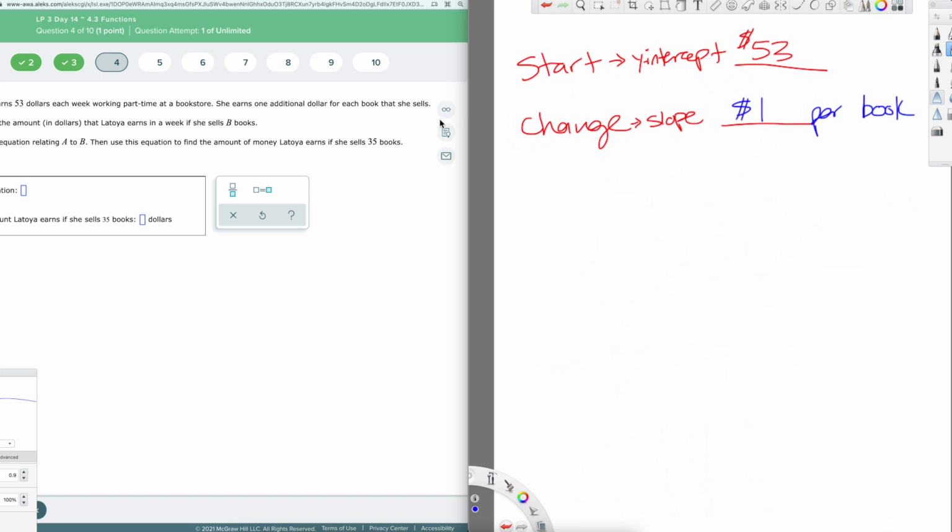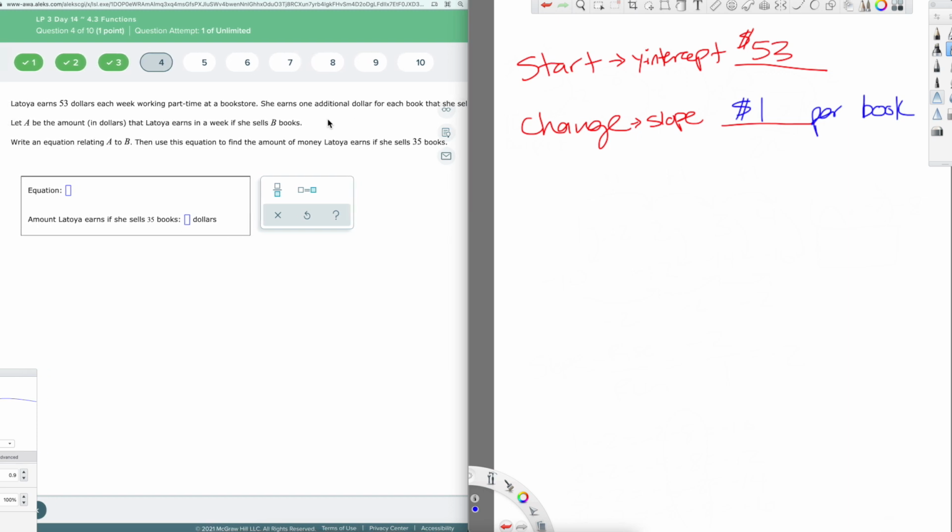And when we're looking for the change, we're looking for per, each, every. We're looking for some word that tells us there's going to be a multiplication happening there, because that's the change that we're looking for. We're also told to use specific variables. So A is going to be the total amount that she makes. Instead of Y being the output, A is going to be the output.